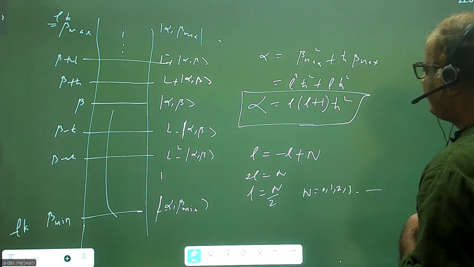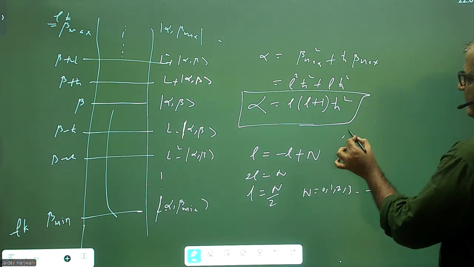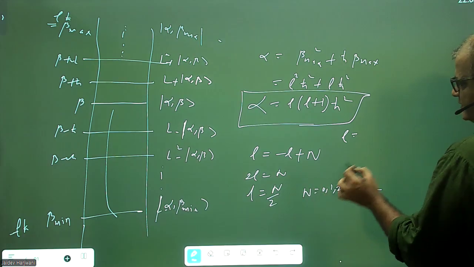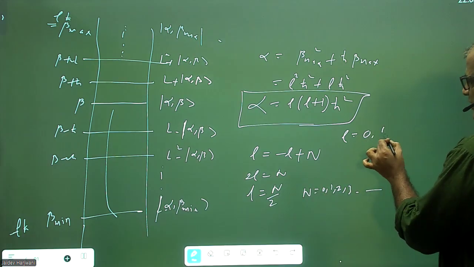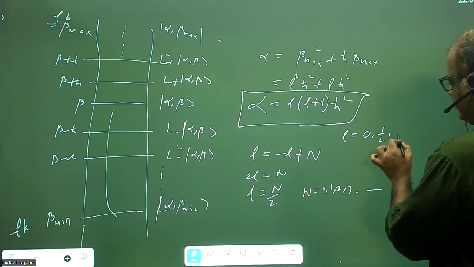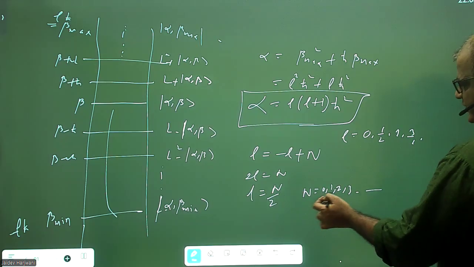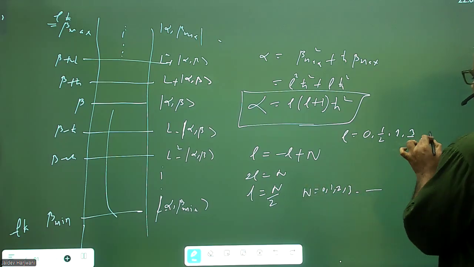So now my alpha values. The L values can be 0, 1 by 2, 1, 3 by 2, 2, and so on.